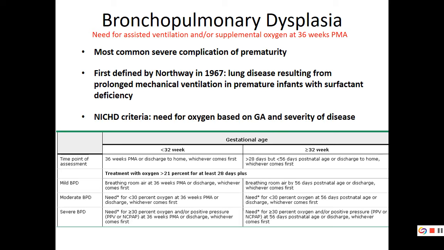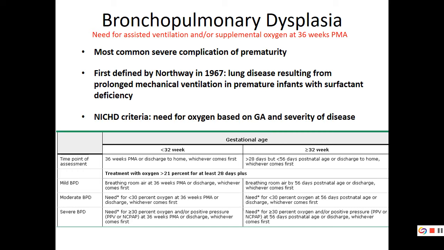So if they've weaned off oxygen, then they have mild BPD. If they're less than 30% oxygen, they basically have moderate, and if they're over 30%, severe. So it's a little more complex if you have a baby born at greater than 32 weeks of gestation, because you don't want to give that baby a diagnosis of BPD necessarily if they're exactly at 36 weeks corrected age.